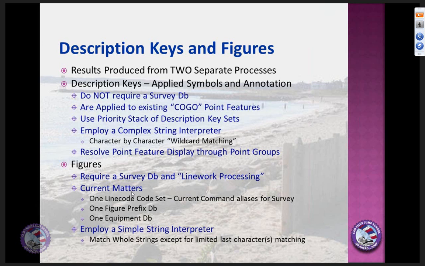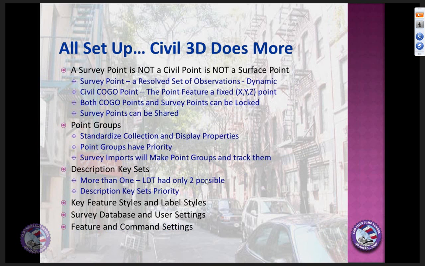So this idea of what you're currently dealing with matters. So you don't have just one way, you have multiple ways. And that multiple thing, multiple description keys, multiple figure prefix databases, multiple types of data, multiple kinds of equipment is everywhere inside survey, much more than it ever was before in LDT and other pieces of software.